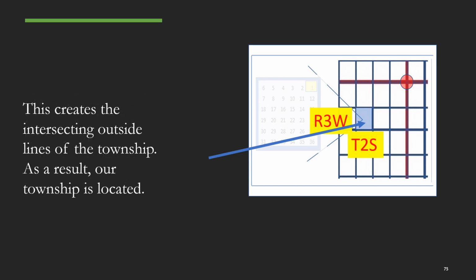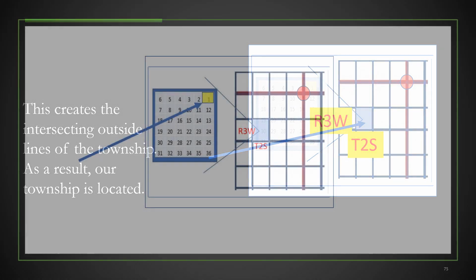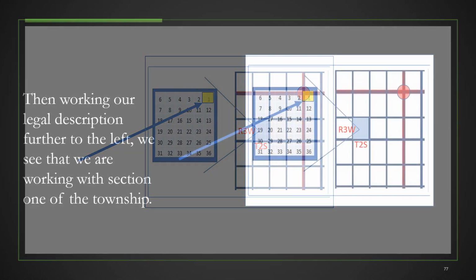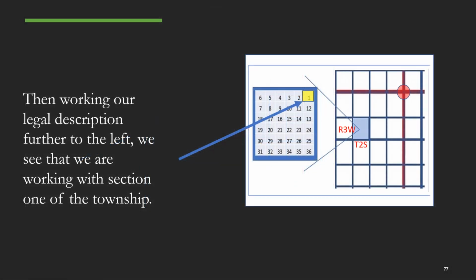This creates the intersecting outside lines of the township. As a result, our township is located. Then, working our legal description further to the left, we see that we are working with section 1 of the township.